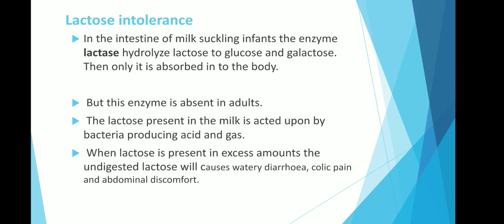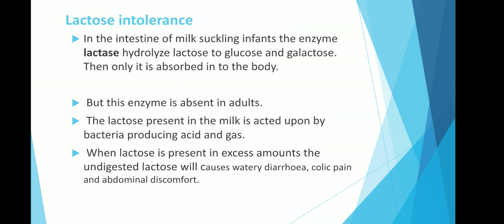In the intestine of milk-suckling infants, the enzyme lactase hydrolyzes lactose to glucose and galactose. Okay, lactose is a disaccharide. Only when it is broken down into two monosaccharides, glucose and galactose, is it absorbed into the body.